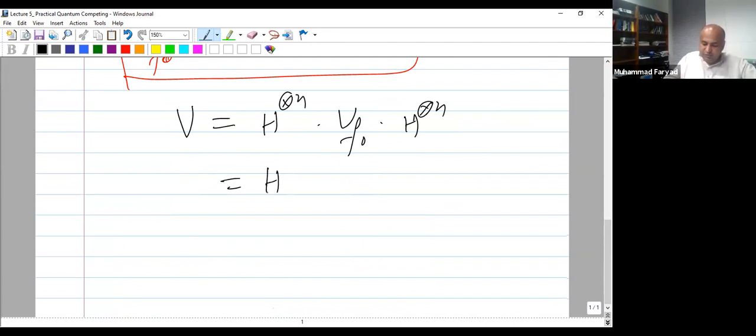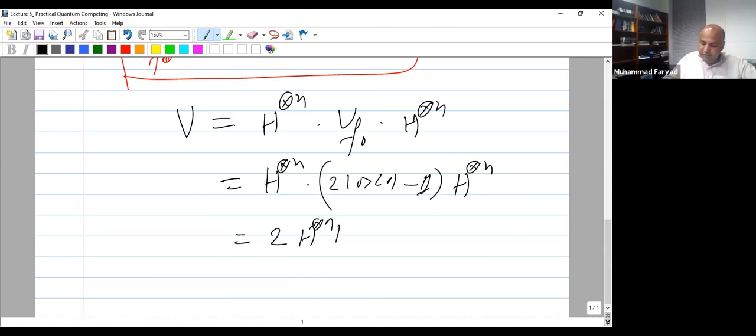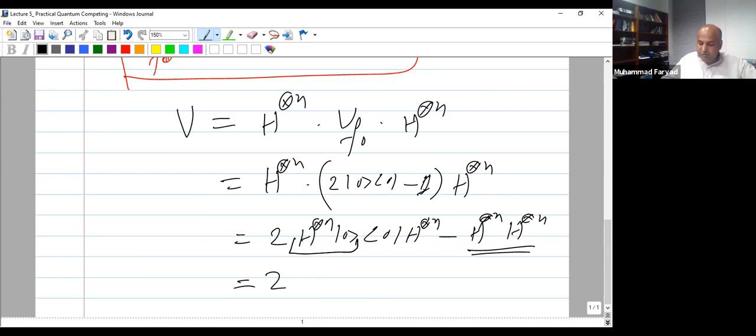Let's substitute for UF naught: 2 |0><0| minus identity. So this Hadamard will come here and here as well. So 2 times Hadamards on |0><0| and Hadamard from this side, minus identity. So we will have Hadamard, Hadamard, but we already know that Hadamard squared is identity, so this becomes identity.